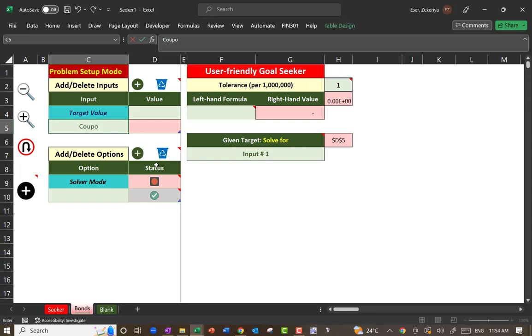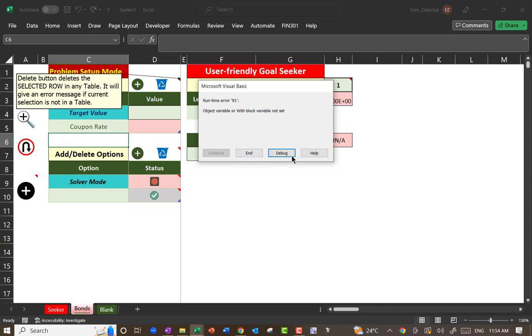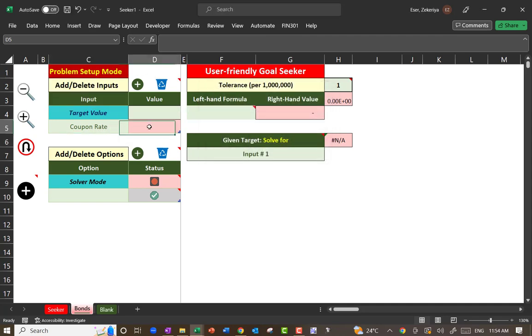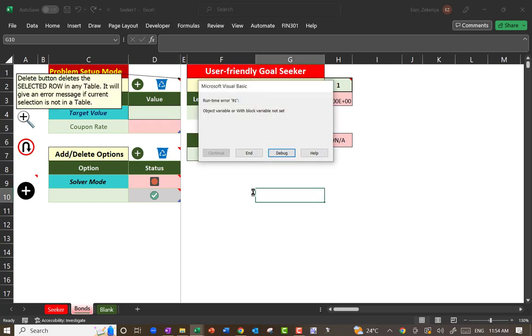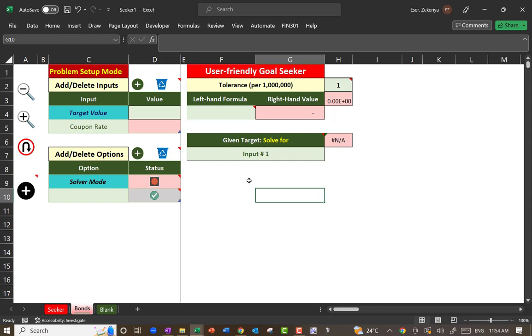I have coupon rate, okay? Oops. And to delete one of these inputs, that cell on that table has to be selected. And if I do that, it's not in a table, so I can't delete it. So I technically say delete the row of the active cell. But if it's not on a table, there is no active cell.